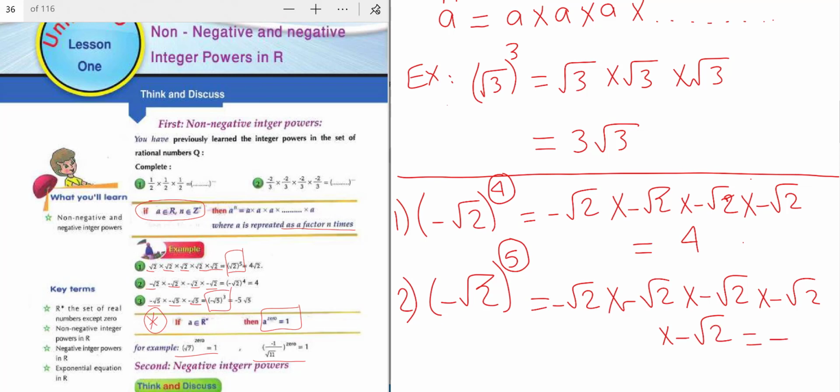The product becomes negative because the power is an odd number. It becomes negative 4 root 2. So when we have a negative real number and the power is even, the product is positive. When we have a negative real number and the power is odd, the result is a negative real number.